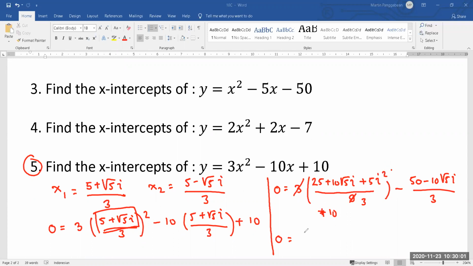So it is 25 plus 10 square root of 5i minus 5 over 3, minus 50 minus 10 square root of 5i over 3, plus, let me just put it into fractions. So look at the numerator. Actually, in the end, this 10 square root of 5i will be... wait, this is not right. Did I do something wrong?